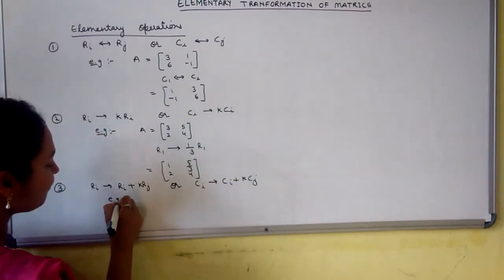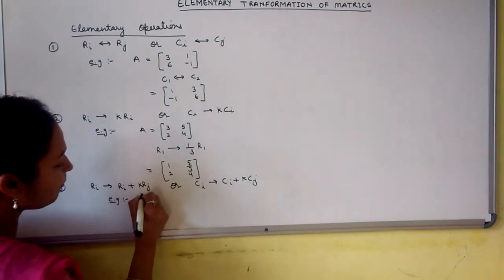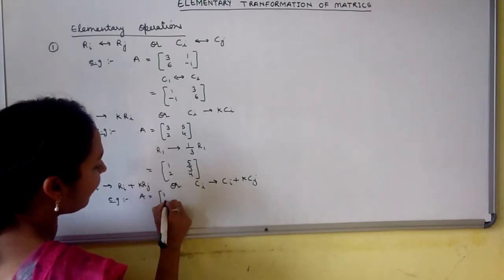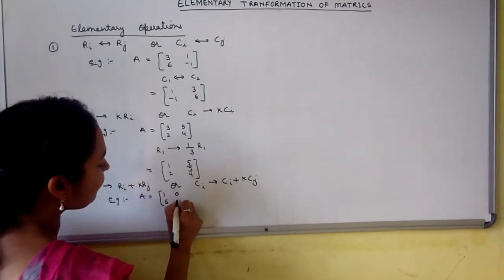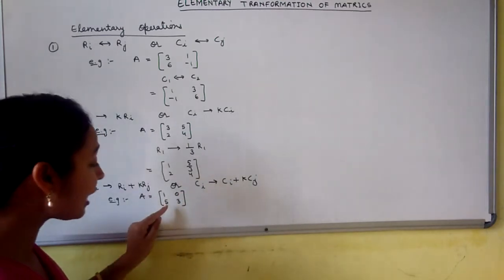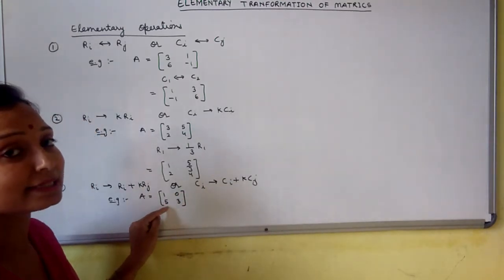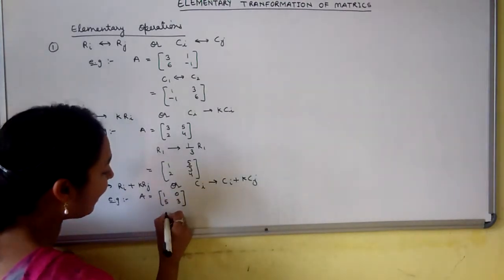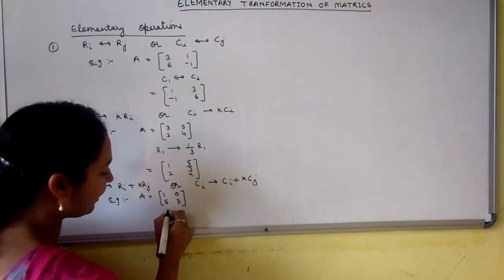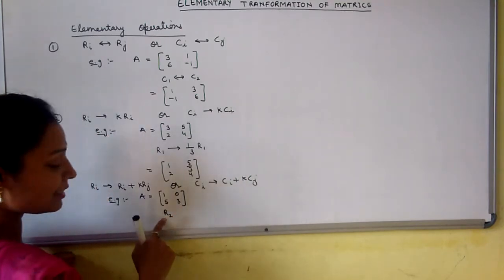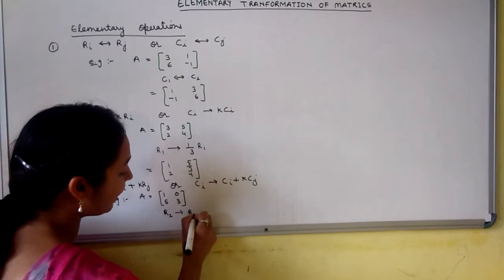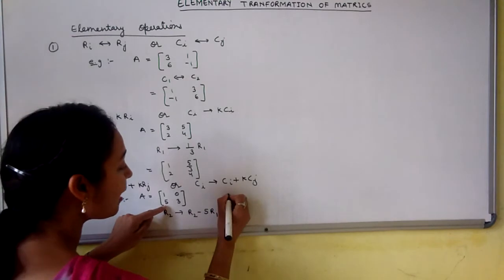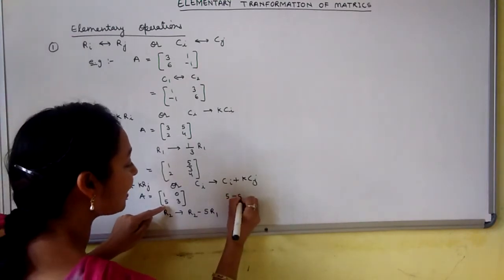For example, I have a matrix 1, 5, 0, 3, and I want 0 in this place. So what will I do? I will apply R2 minus 5R1, meaning 5 minus 5 into 1.